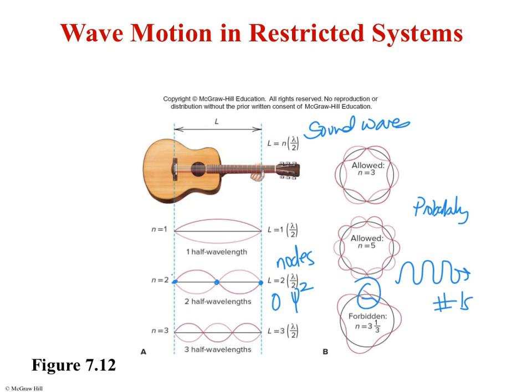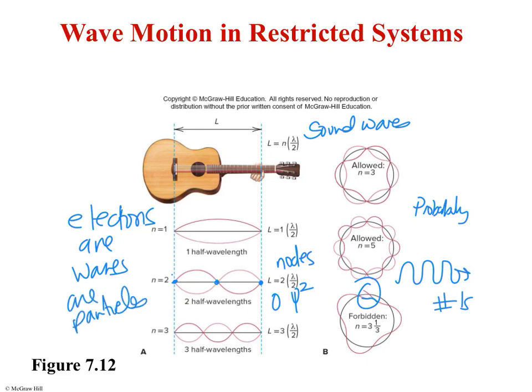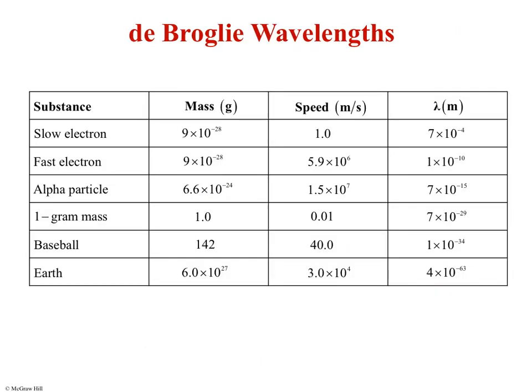Okay, and so what we're going to talk about is electrons are waves, and electrons are particles. But whatever principles we know about waves, we can apply them to the electrons. And so it's just showing you the different masses, and they travel at different speeds.